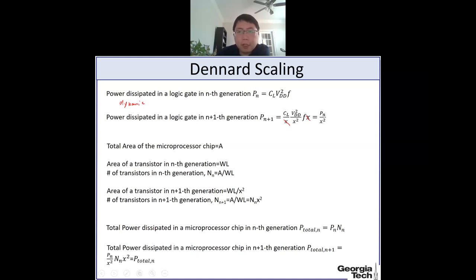So this is the power per circuit module, like this inverter. The power will decrease by X squared. But you have more transistors on the chip, you have more modules on the chip. So you have like X squared more circuits on the chip.